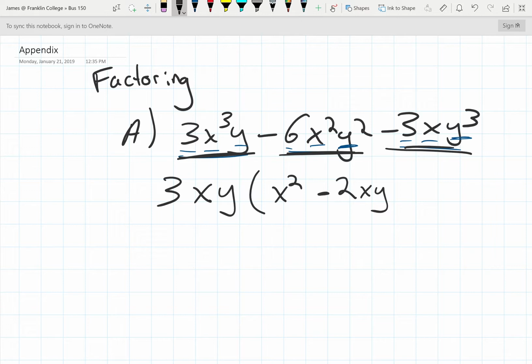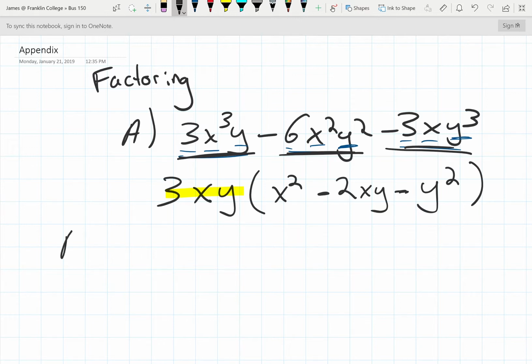If we factor out 3xy, all we're going to be left with is a y squared. And that's how we did it. So we found out what we're going to factor out from all three terms, and then we figured out, if we factor out 3xy, what we have left over. So 3xy times x squared minus 2xy minus y squared is factoring that equation.